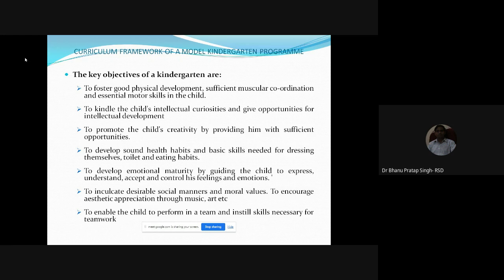These skills are also necessary for doing teamwork.